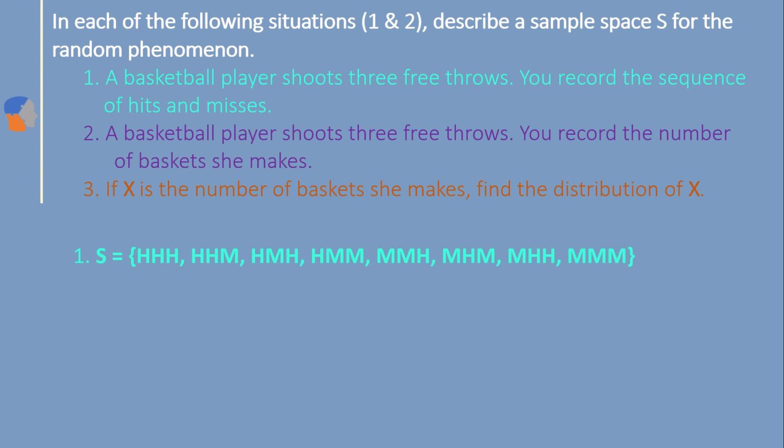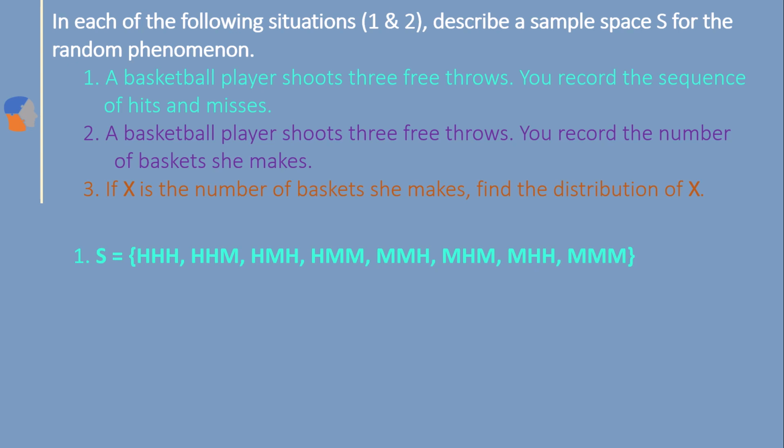Second: a basketball player shoots 3 free throws. You record the number of baskets she makes. The first one is the same thing, but we record the hits and misses. But in this one, we record the number of baskets. Now go to the sample space of the first. How many hits? 3, right? Next one, how many hits? 2. Next one, 2.